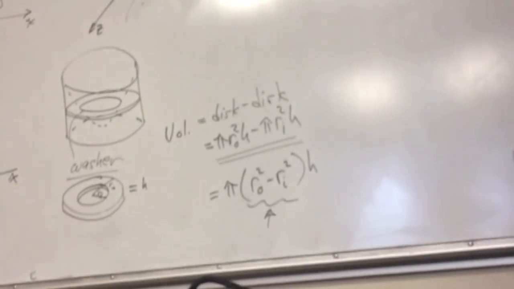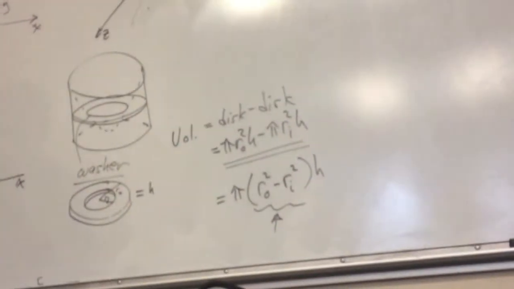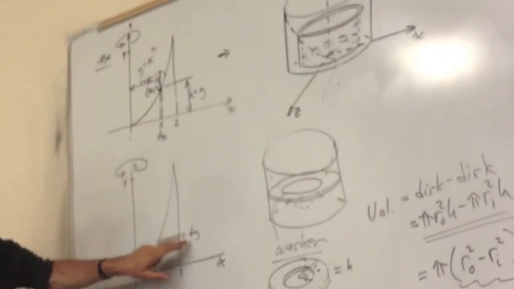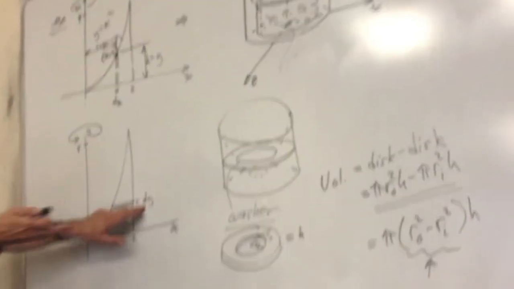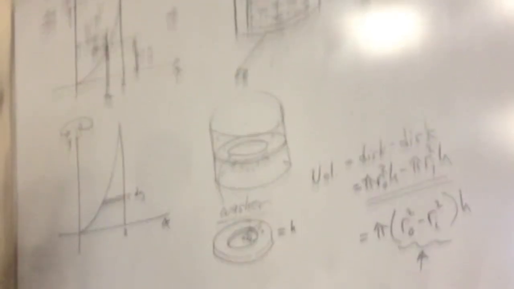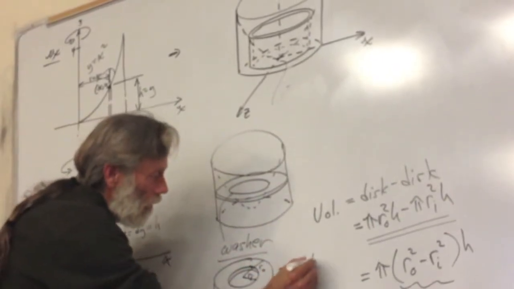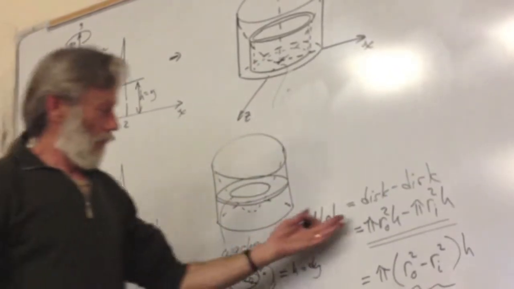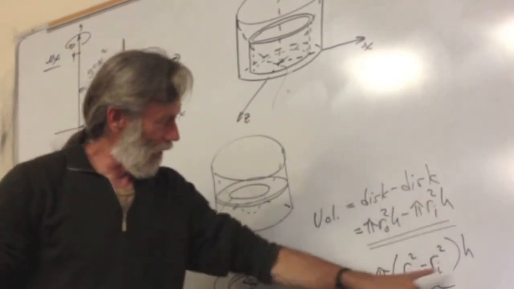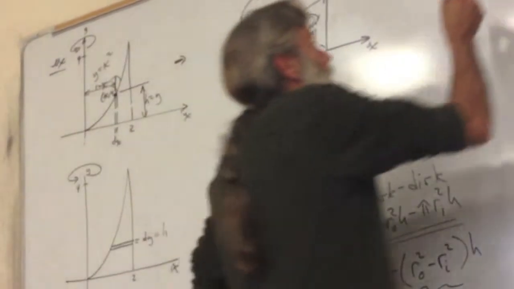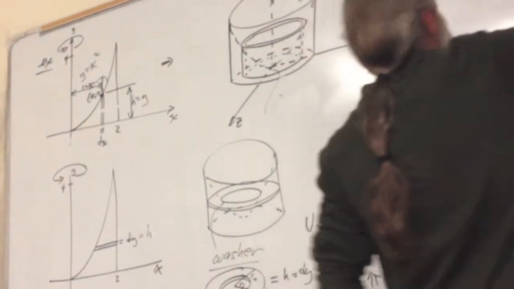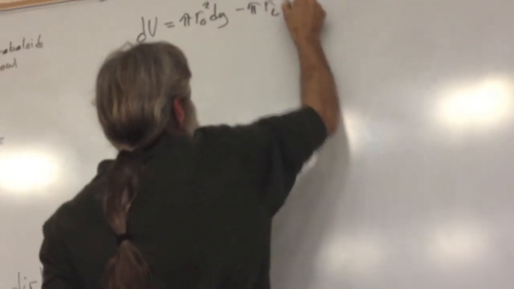All right, so in our problem here, the thickness, what really corresponds to h in this formula, is dy. We can then take either form here and replace the h with a dy, and say therefore the differential volume is pi r outer squared dy minus pi r inner squared dy.